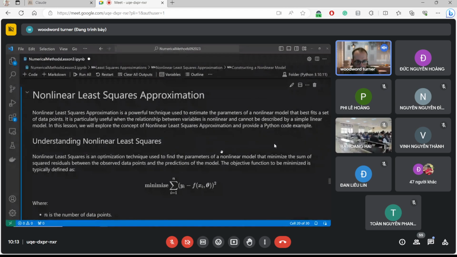Nonlinear least squares approximation is a powerful technique used to estimate the parameters of a nonlinear model that best fits a set of data points. So when is it useful? Well, it's useful when the relationship between variables is nonlinear and can't be described by a line or a linear model or a plane or something. So we're going to explore the concept of nonlinear, and then I'll show you how to type that up in Python as well.